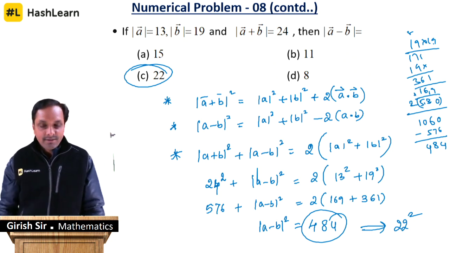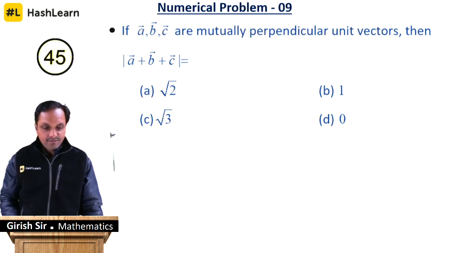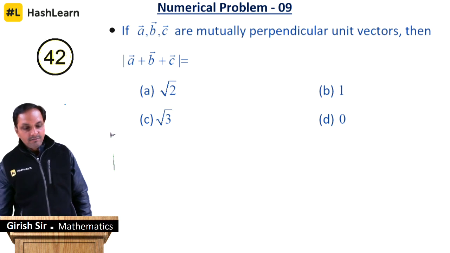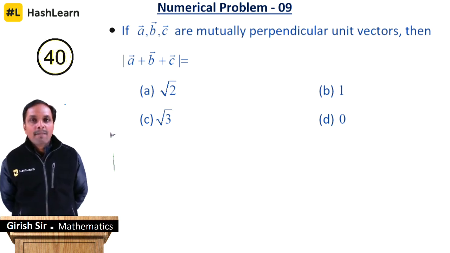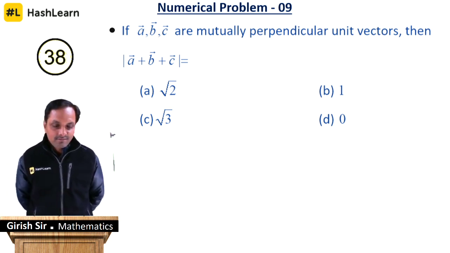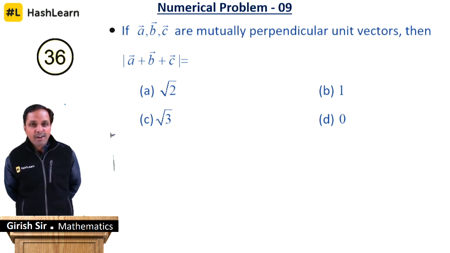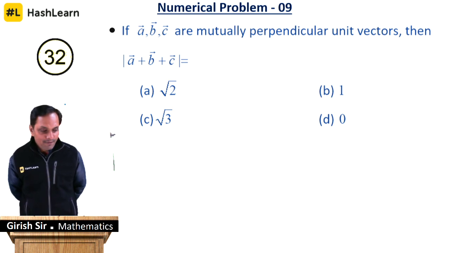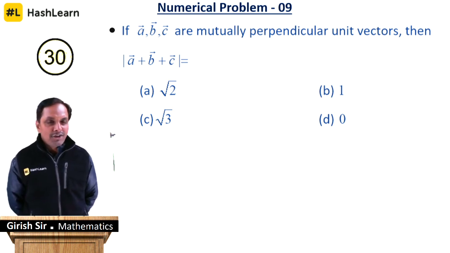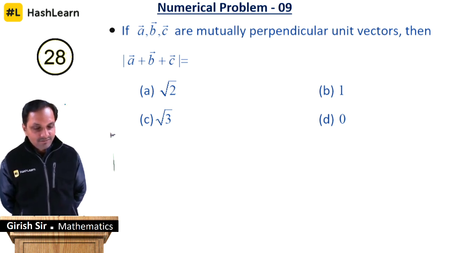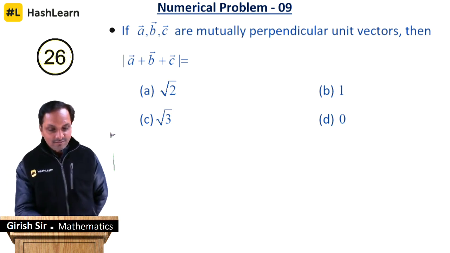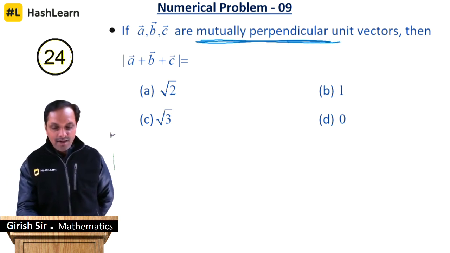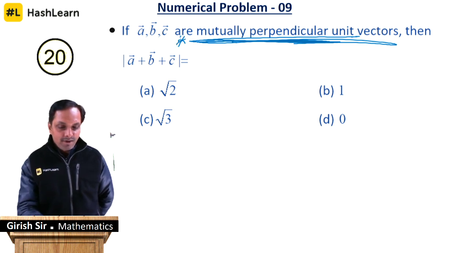Next numerical is here. Very important. Already have given a direct formula for this. Make use of that and give me the right choice. ये जो underline sentence है, it's very important.